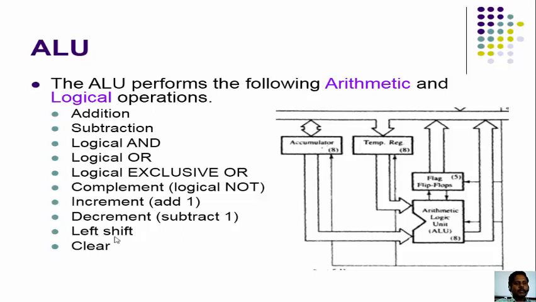Shifting operation, left shift and right shift kind of operations, where accumulator contents get shifted to left or shifted to right depending on the instruction provided by the user. Clearing operation, clearing of the flag and accumulator contents. So these are the various functions observed with the ALU block, and depending on the operation of the ALU, the flag bits get modified.